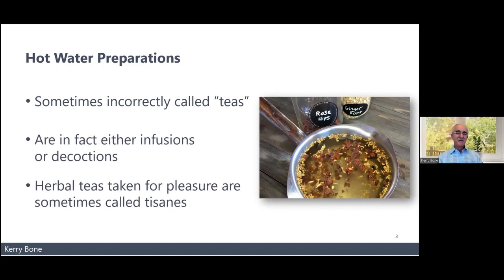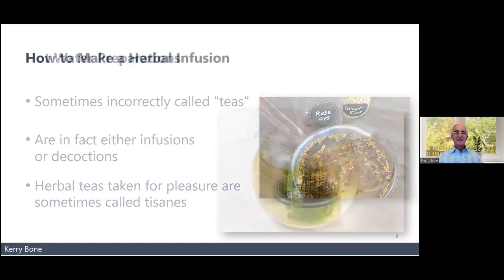You can steep for a minute, you can steep for 10 minutes, you can put in a lot of herb, you can put in a little amount of herb, and so on. So tisanes still do have therapeutic effects. I'm not ruling that out, but infusions and decoctions are what you do when you really want to apply, in a sense, a medicinal effect.